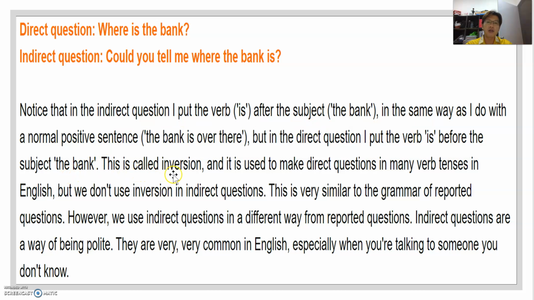This is called inversion, and it is used to make direct question in many verb tense in English, but we don't use inversion in indirect questions. This is similar to the grammar of reports question. However, we use indirect questions in a different way from reports question. Indirect questions are a way of being polite. They are very common in English, especially when you are talking to someone you don't know.